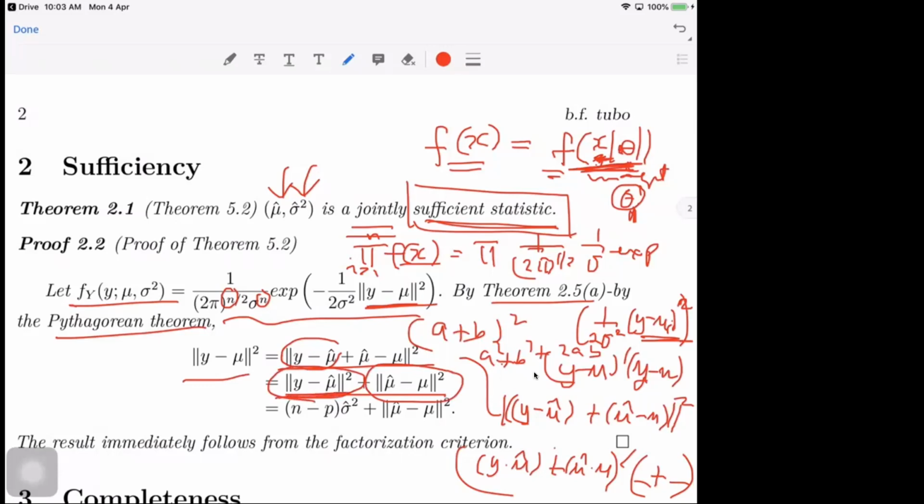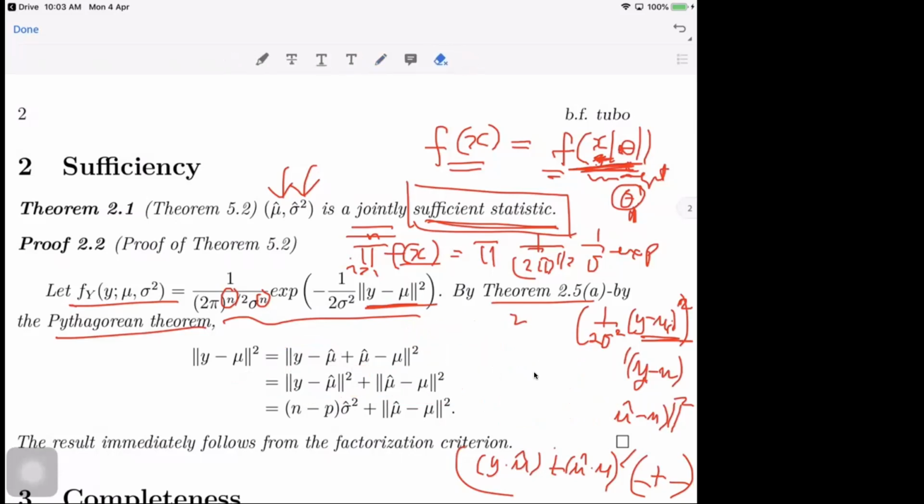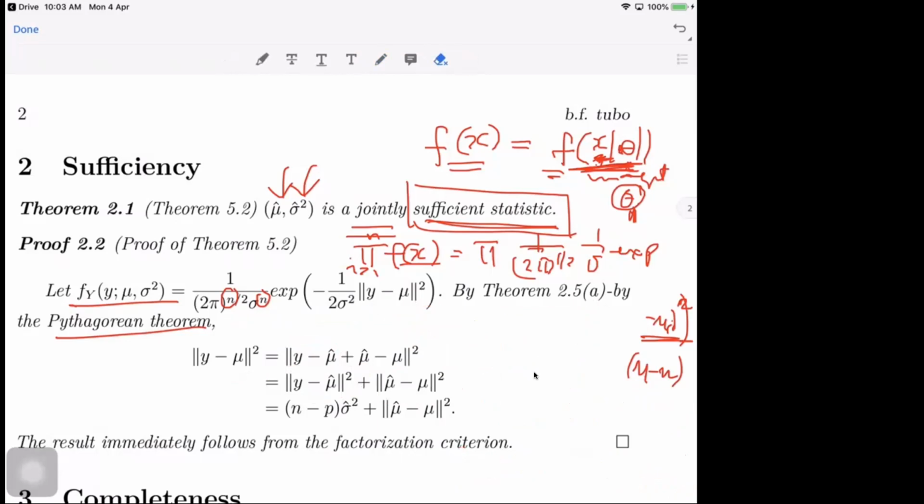But this part here is actually your n minus p sigma hat square. Why? Because this is actually the projection of y onto v perp, squared norm. No?